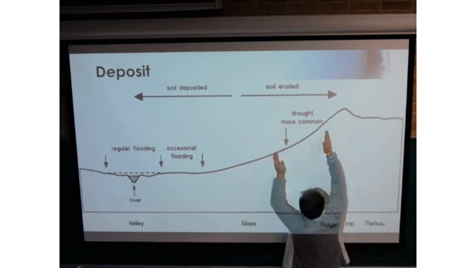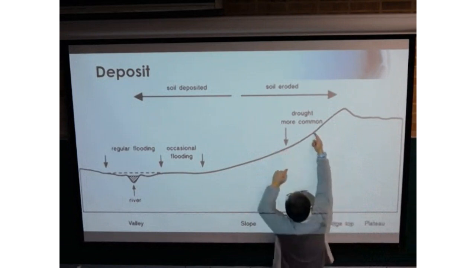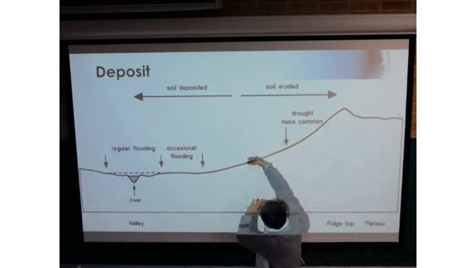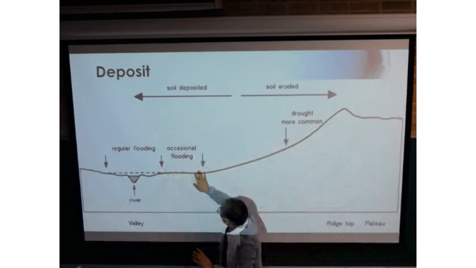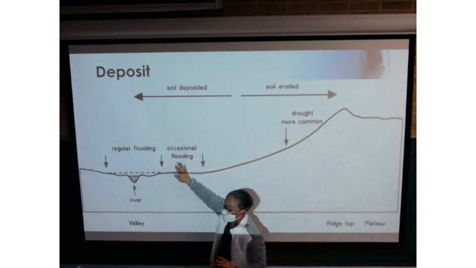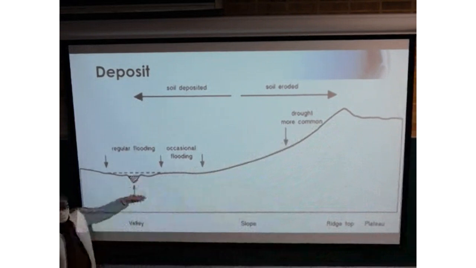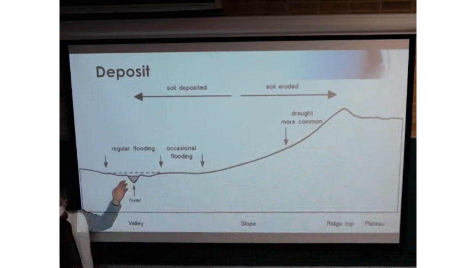Commonly, broken pieces of rock, sediments or soil particles do not accumulate here. They roll and move and accumulate here. And here's the stream or river. When the water moves, it is able to carry lots of particles and broken pieces of rock.